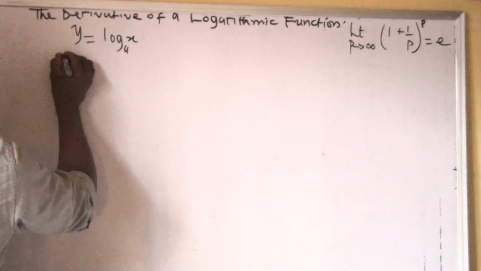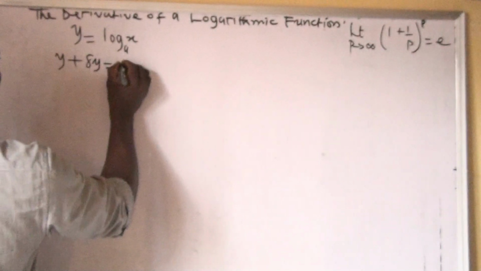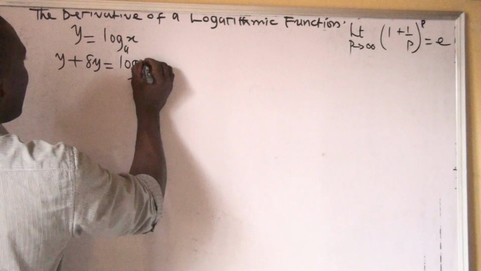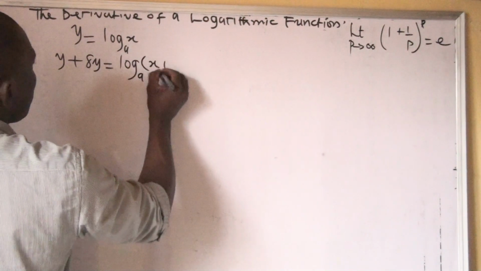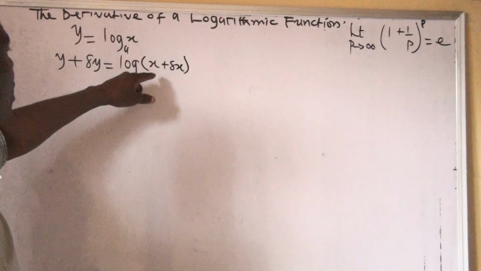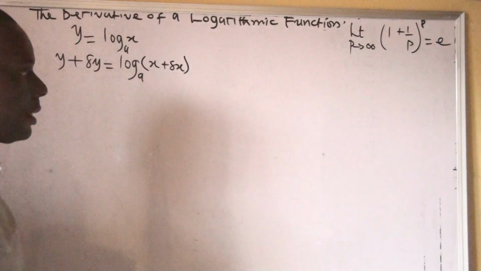Now, if we have y is equal to log x to base a, from first principles y becomes y plus delta y. This becomes log base a of x plus delta x. So in place of x, we're replacing it with x plus delta x.